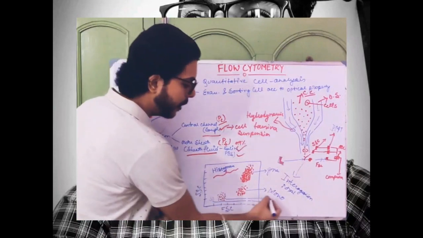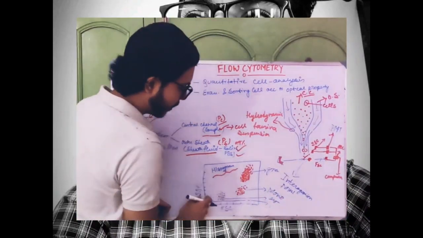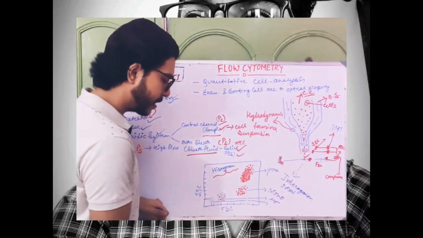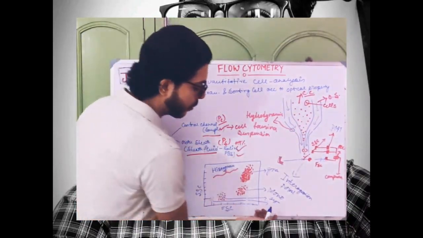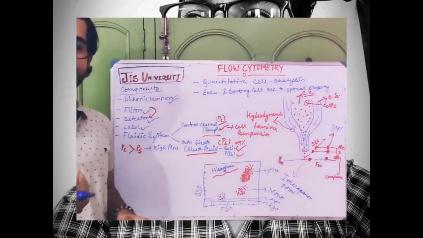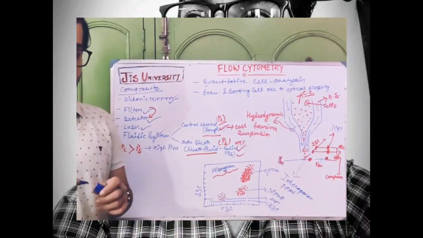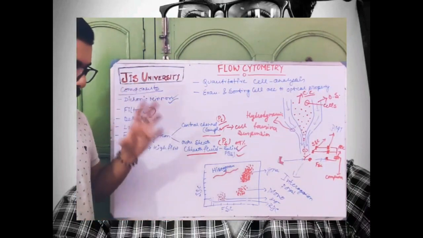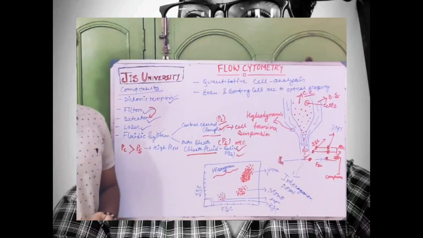This one could be a lymphocyte, with a small value of FSC and a small value of SSC. And this tiny structure could be an RBC, or some dead cells or cell debris. All those fragments could be this one, which has low FSC and low SSC value.